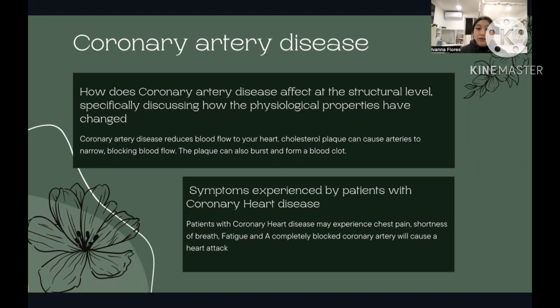The plaque can also burst and form a blood clot. In what I saw and investigated, I think that one of the concepts of physiology that is very much affected in coronary artery disease is flow. So I decided to put that.